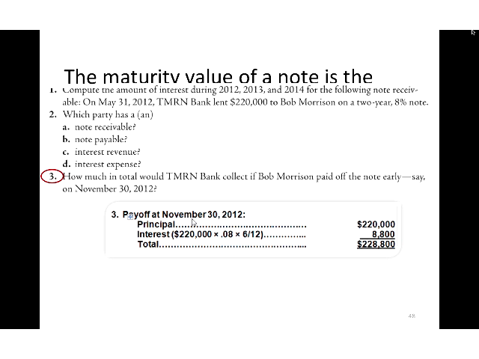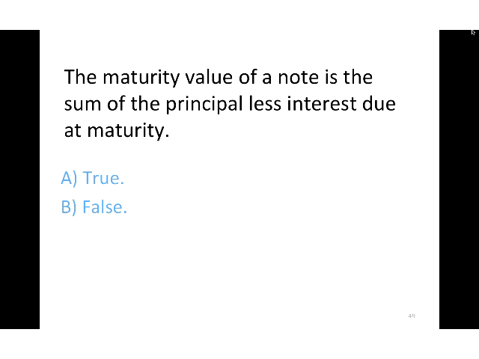We have another question coming up with another term, maturity value. So this is true or false. The maturity value of a note is the sum of the principal less interest due at maturity. What do you think?